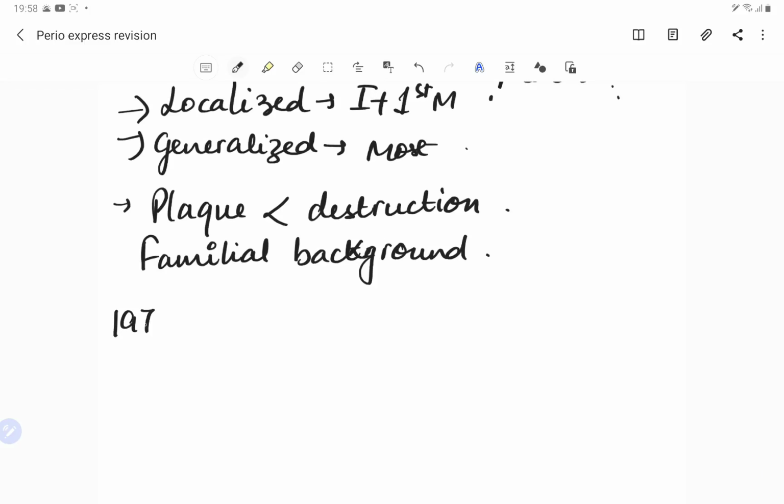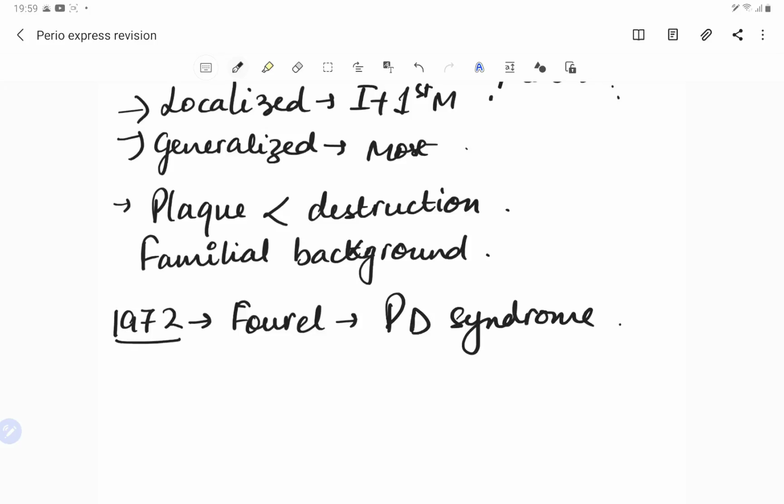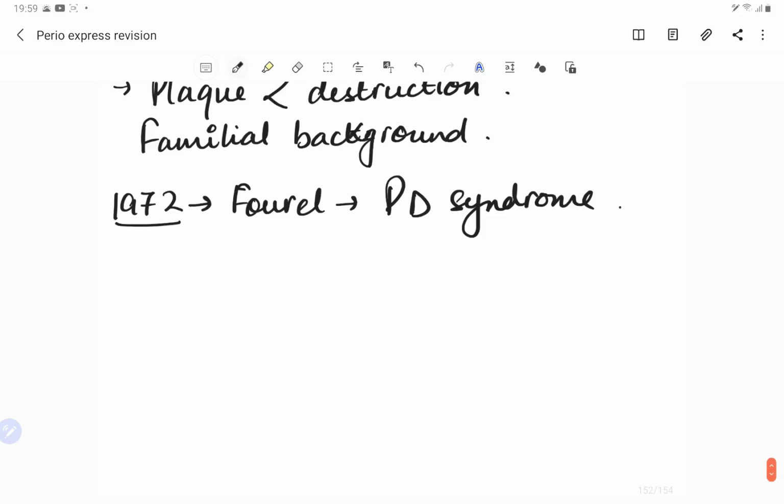In 1972, in the next year, Forel coined the term periodontal syndrome. Now guys, in 1989, the World Workshop of Clinical Periodontics said that periodontal disease can be classified based on certain situations, like the age of onset of the disease, the rate of destruction or progression of the disease, and how many sites the disease is involving.